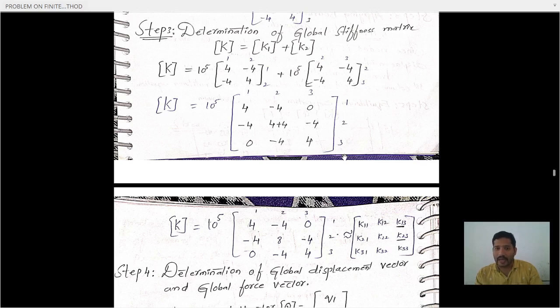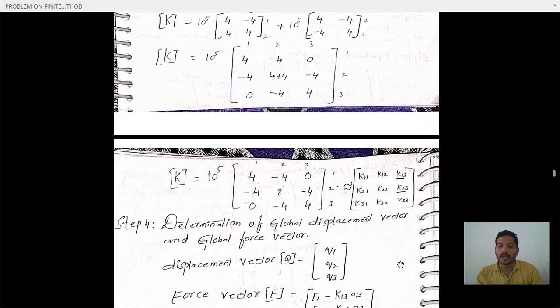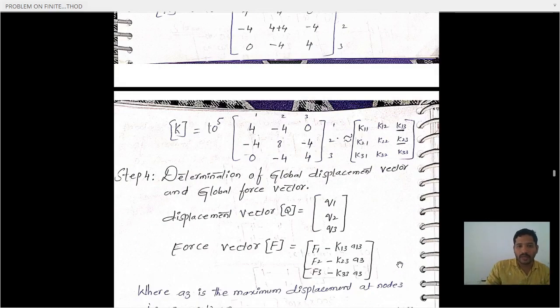Clear? Again, third node to first node K31, third to second K32, third to third K33. After that, we got the value of the global stiffness matrix.